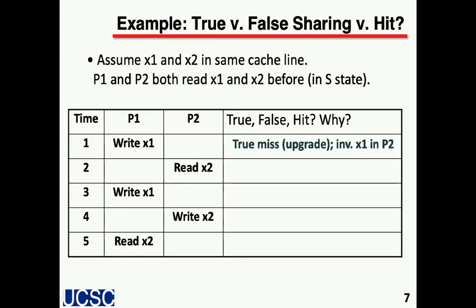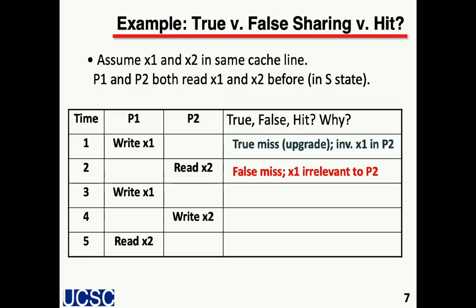Now, when P2 wants to read X2, X2 was in its cache. But the reason why it's not there anymore is it just had that cache line yanked out by an invalidation, right? So this is the false miss. This is the false one we don't like because X1 and X2 are different words. P2 doesn't care about X1. But because X1 and X2 happen to be in the same cache line, that's why it got invalidated.